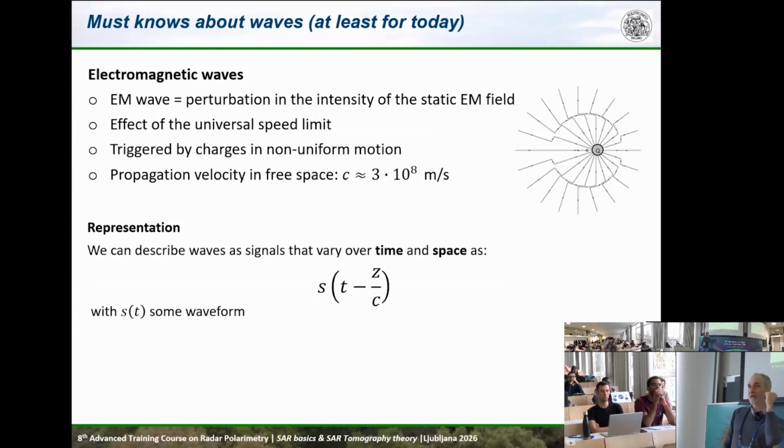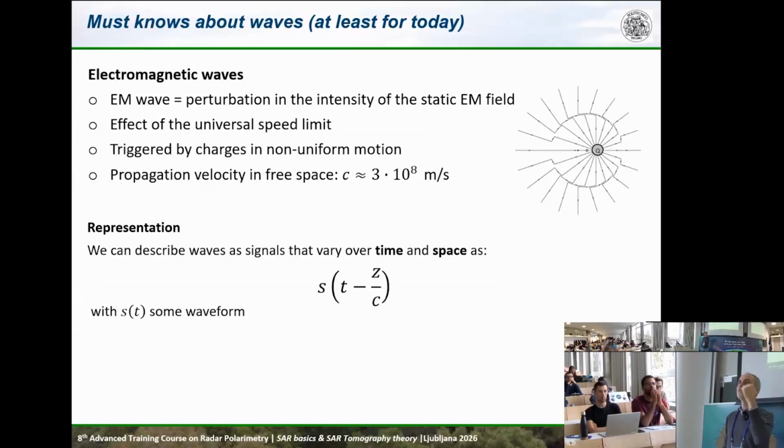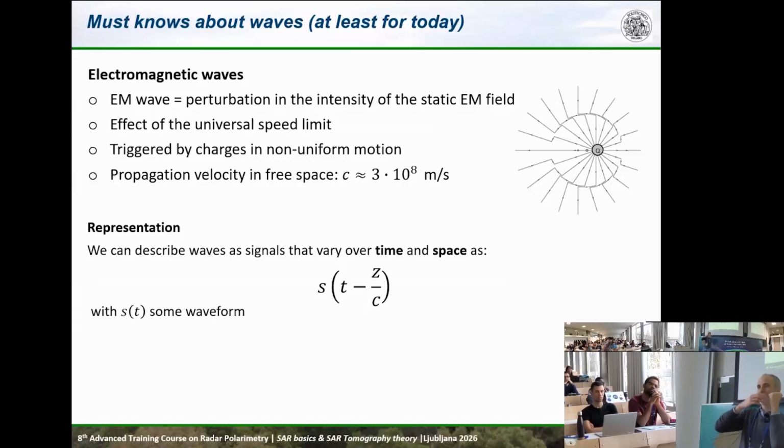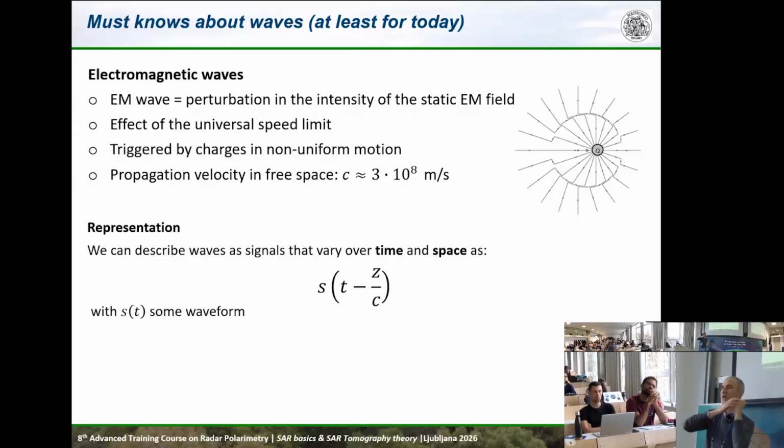So if I change the position of my charge, let's say that I want to communicate something to you. I move my hand with the charge in it, and at this point you are able to sense this modulation of the force because I'm changing the distance, right?